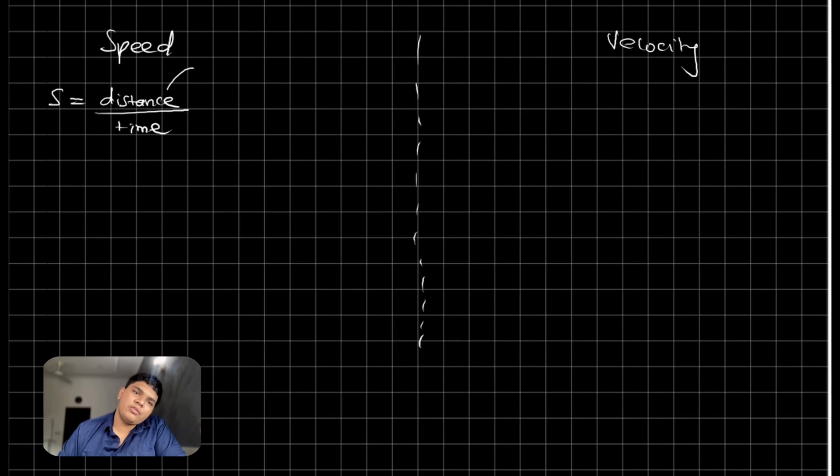We know that distance is a scalar quantity. Time is also a scalar quantity, because there's no direction for time. It keeps moving, right? It's just a value. There's no positive time or negative time. Time is just time. It's also a scalar quantity, and for that reason, speed would also be a scalar quantity.